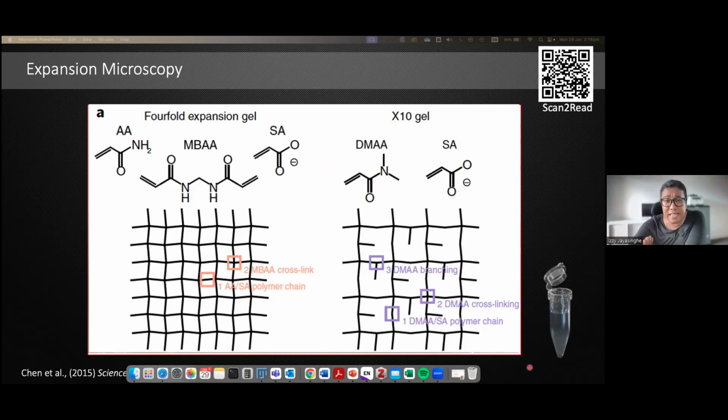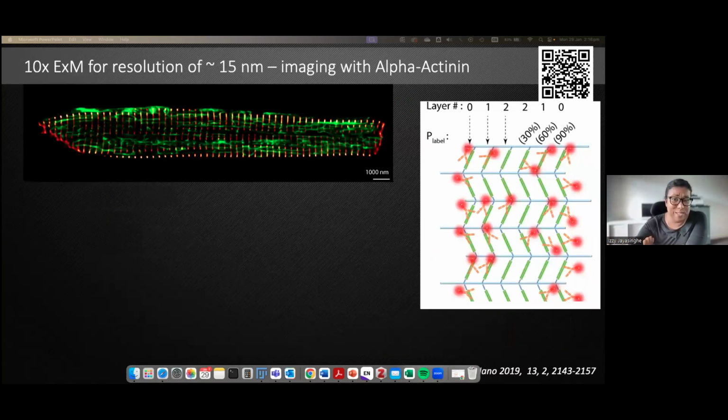Now, when we started out these experiments, we tried both 4 times and 10 times expansion microscopy. And here's an illustration of where this benchmarking went.